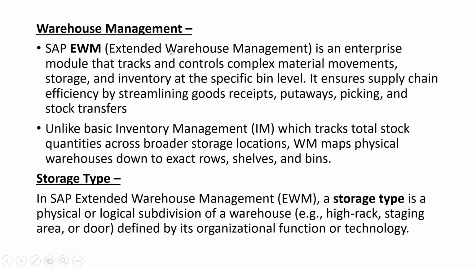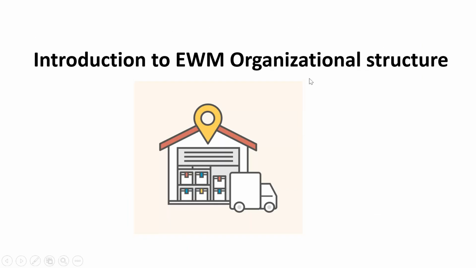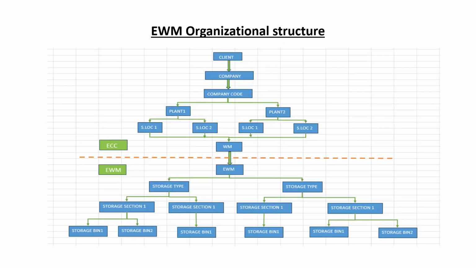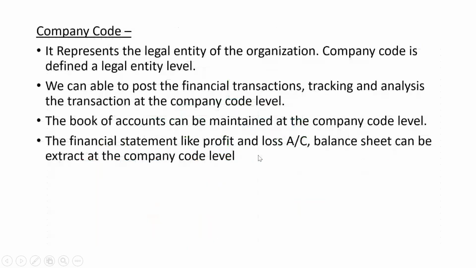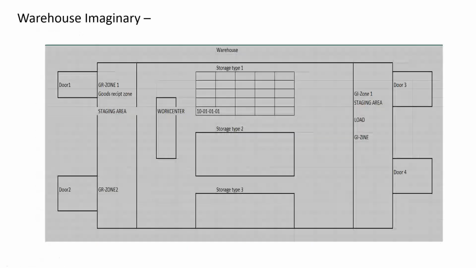When you attend an interview, sometimes people might try to confuse you with words like what is the org structure or enterprise structure of EWM. The EWM org structure and EWM enterprise structure are the same. Those terms are the same, so don't get confused when they ask. Both are the same.